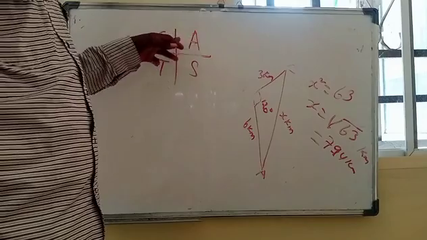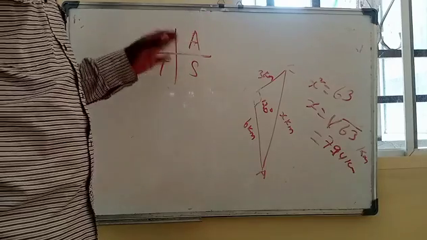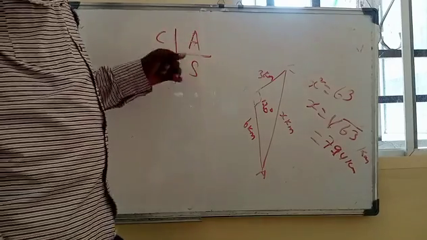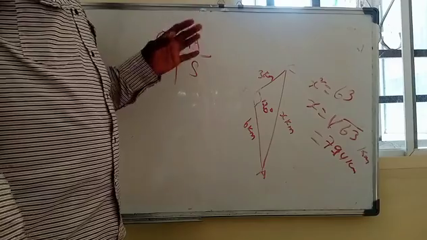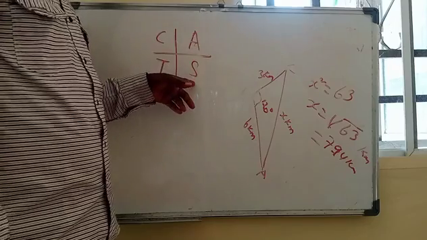All angles in the first quadrant are positive, that is, sine, cosine, and tan. Then in the second quadrant, cosine and tangent of angles in the second quadrant are negative except sine.